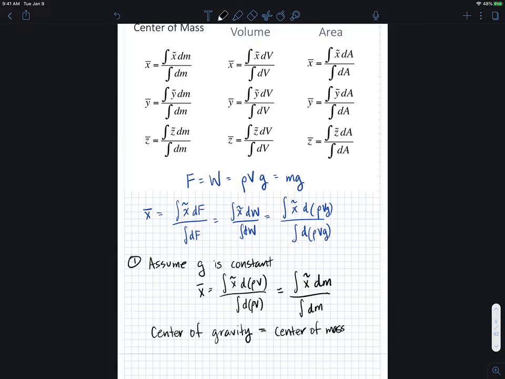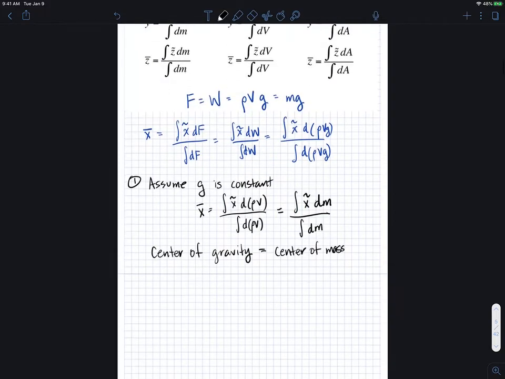All right. Now, let's also assume for our objects that density is constant. If density is constant, that means we have what's called a homogeneous material. It's made of the exact same thing everywhere.